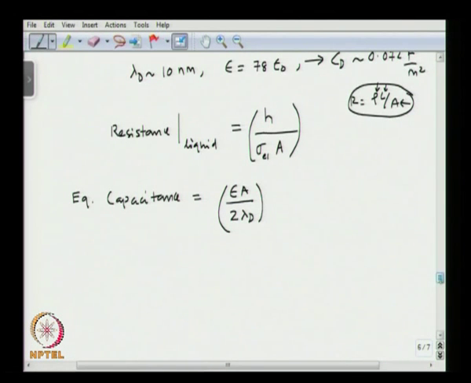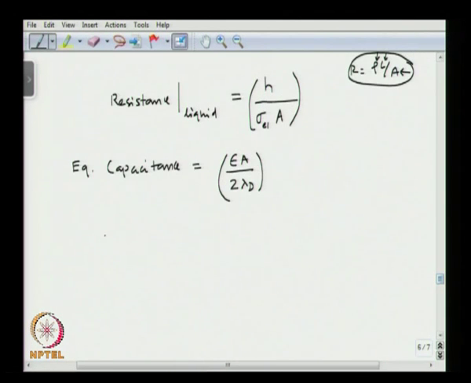So we can define a characteristic time constant, tau RC, which is equal to resistance into capacitance, okay.